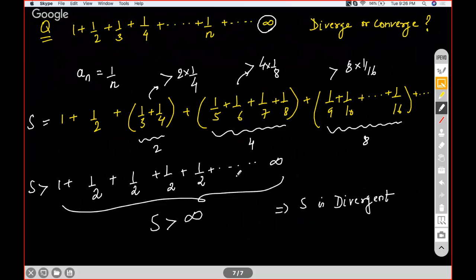What logic did you take to prove this? This sum is unbounded, so S will also be unbounded. I'm trying to restrict it within a series which is known to us. Are you getting it? By the way, this type of series is given a special name called the harmonic series.